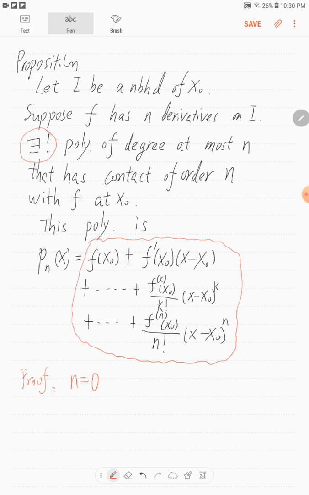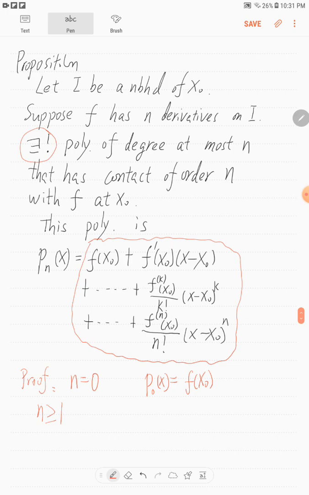When n equals 0, p sub 0 of x is equal to f of x, so the result is very clear. Now we consider n greater than or equal to 1.